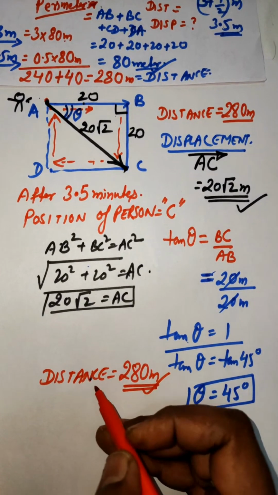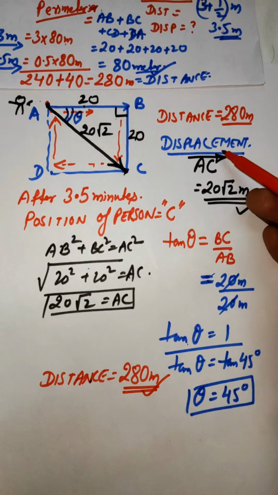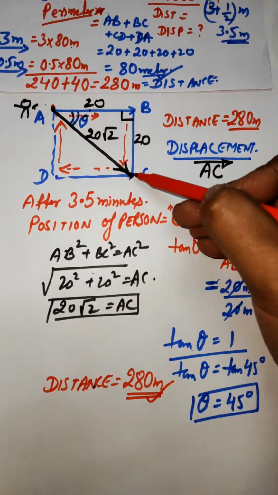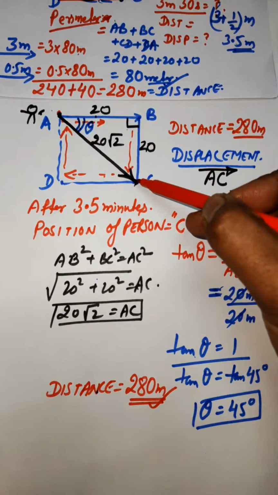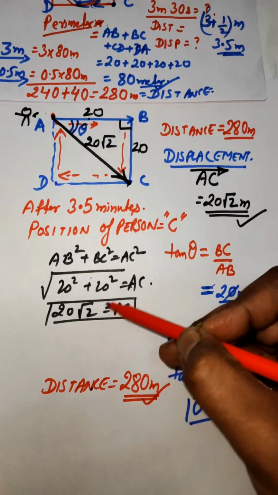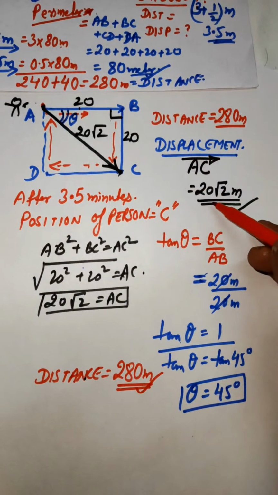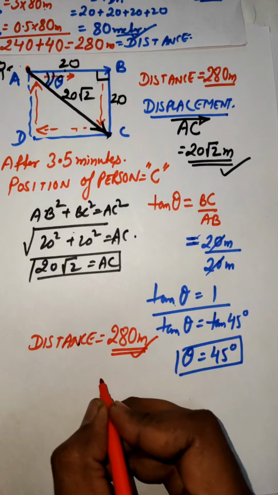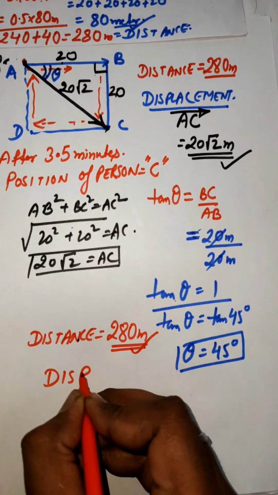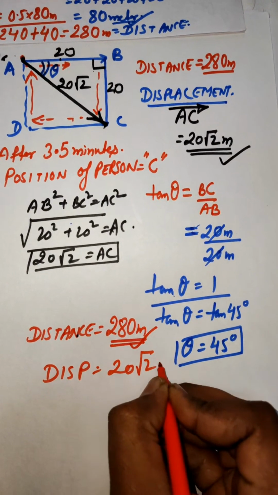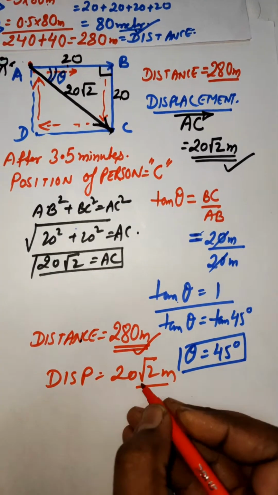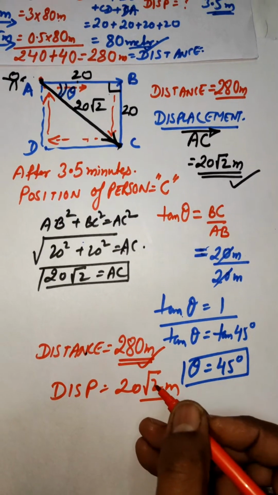And what is the displacement? Displacement, we have seen the final position is C. So we calculated AC by applying Pythagoras to get the value of AC as 20 root 2. So the displacement will be 20 root 2 meter, right? And what is the direction as asked in the question?